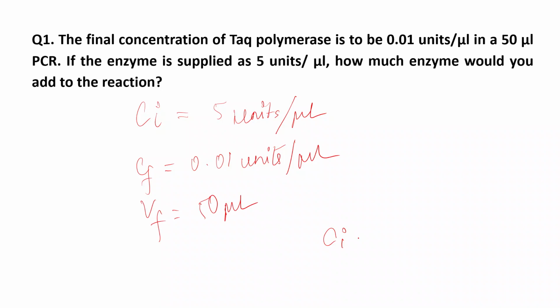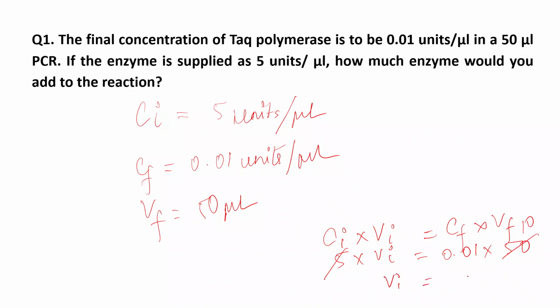So Ci times Vi equals Cf times Vf. Ci is 5, Vi we have to find out, Cf is 0.01, into 50 microliter. So Vi is 0.1 microliter. Well and good.